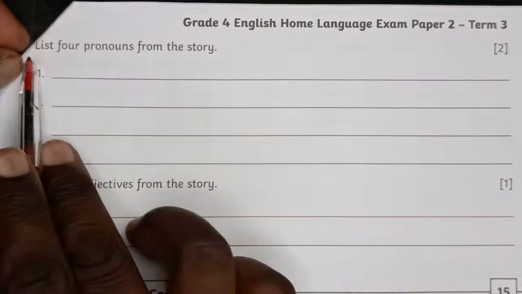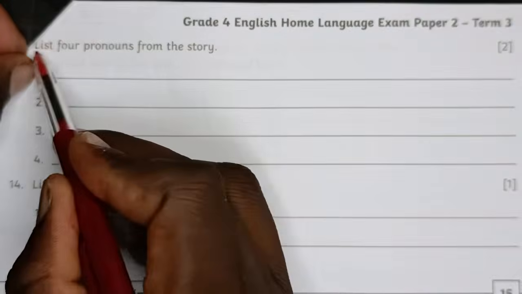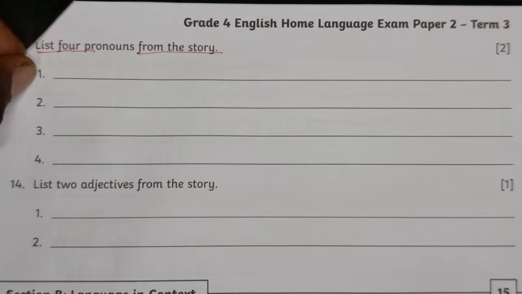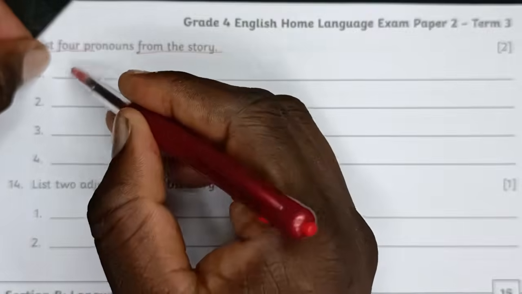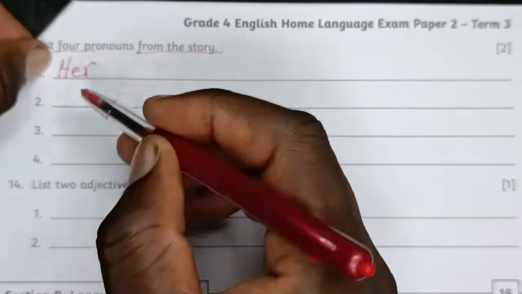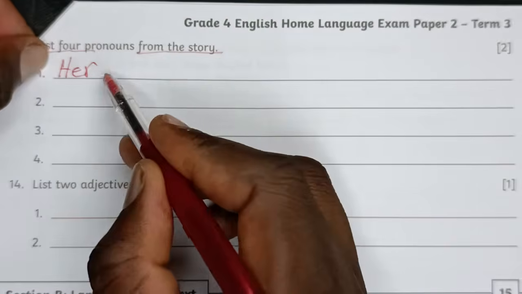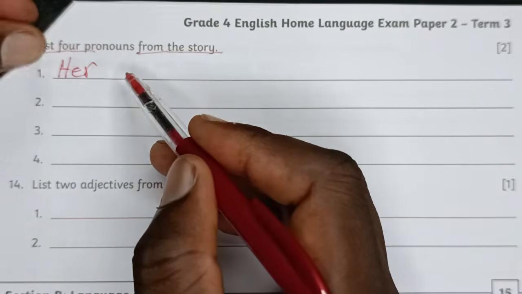So question 13 says, list 4 pronouns from the story. The pronouns that we find in this story are, number 1, her. It's a pronoun that replaces a noun, which in the story was Josephine. Where we didn't want to use her name, we used the pronoun her.